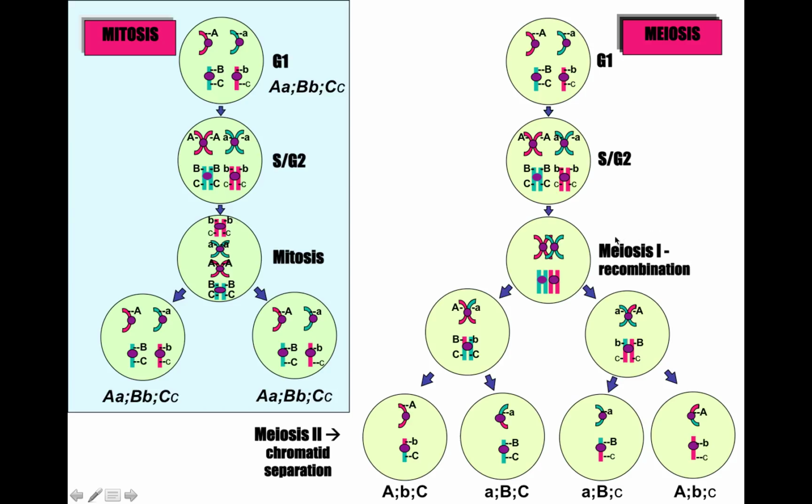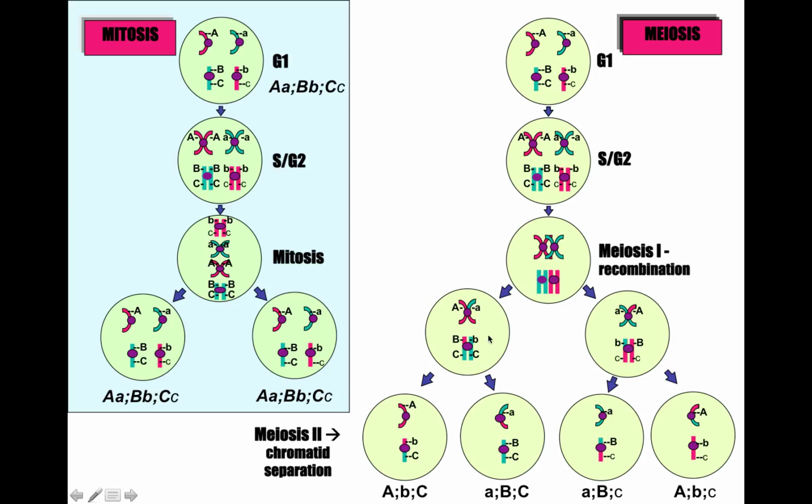And then recombination occurs, and you cross over and exchange some parts, so that now you have a chromosome with 2 chromatids, but this individual has a dominant allele for A and a recessive allele for A, whereas the majority of this chromosome up here had the 2 dominant alleles.